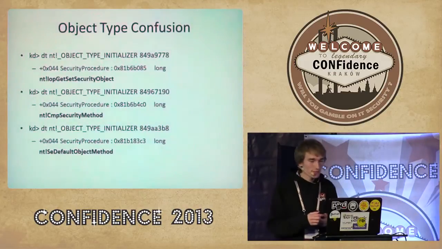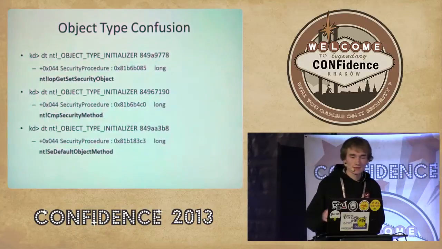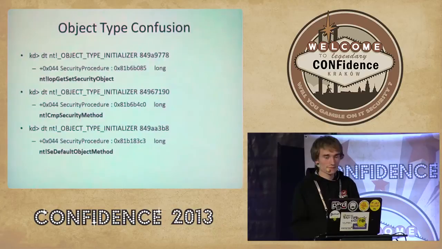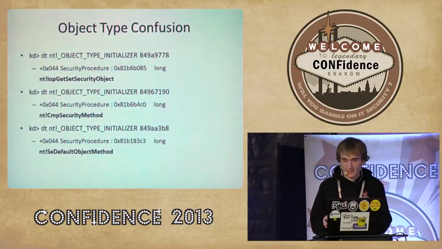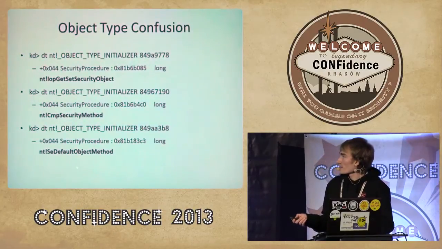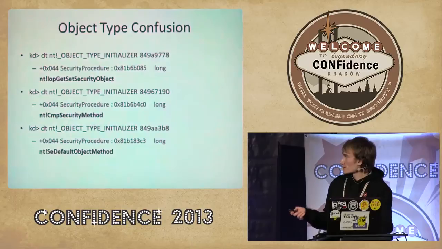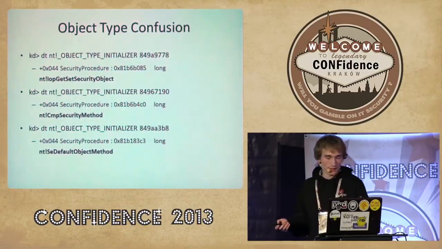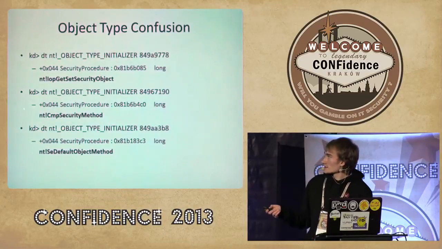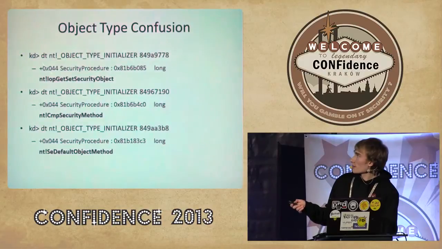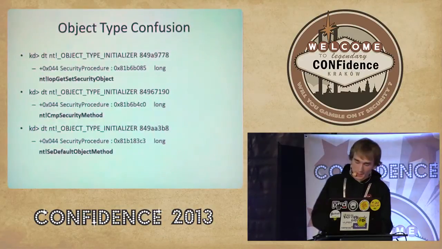Talking about object type confusion, different objects have different functions. For example, most of the objects have the query security procedure as the default object method, SeDefaultObjectMethod. But for some, for example registry, it's CmpSecurityMethod, and for file it's IopGetSetSecurityObject.